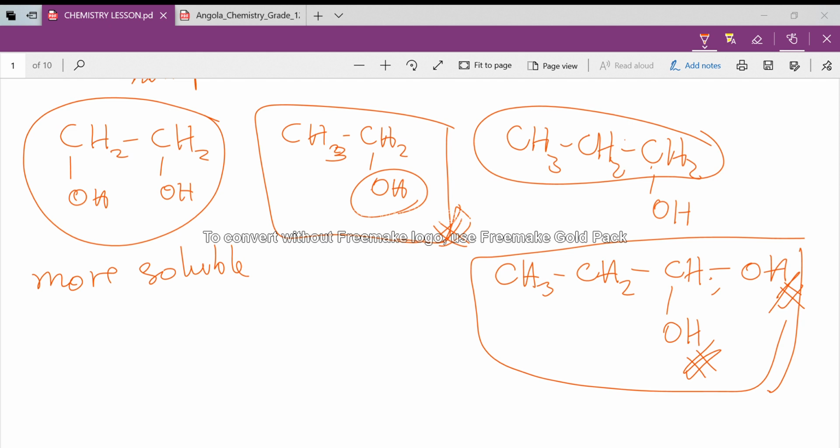Now, another important thing we also have to see is branching. When we have a branch, branch increases the solubility and decreases the boiling point, because branch reduces the van der Waals forces effect. Okay, I'll explain what we mean by that soon.